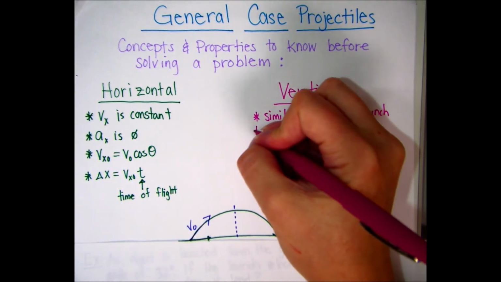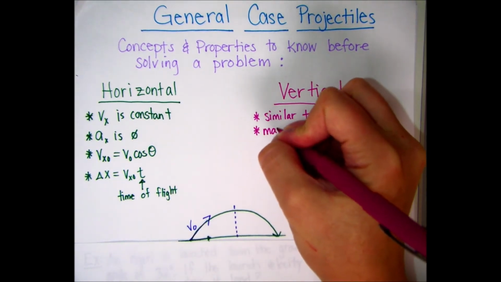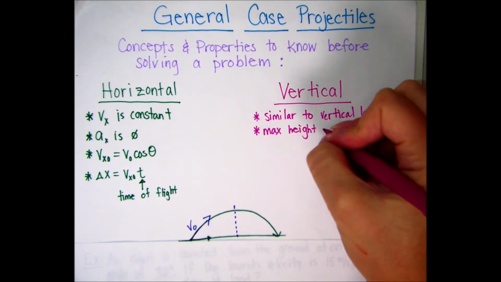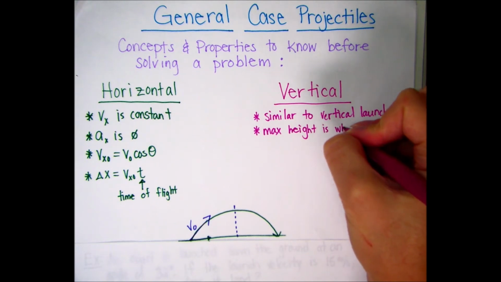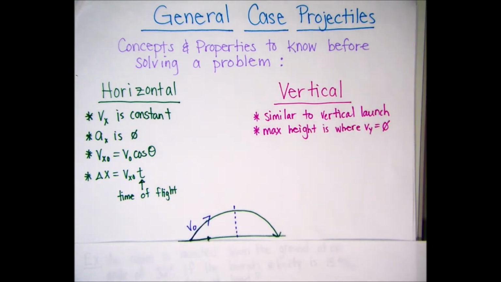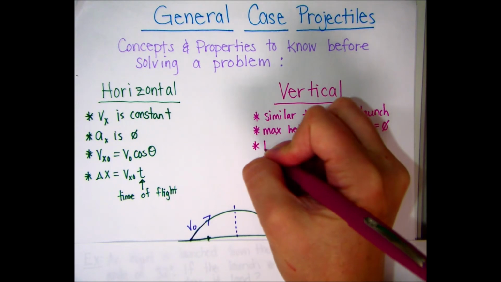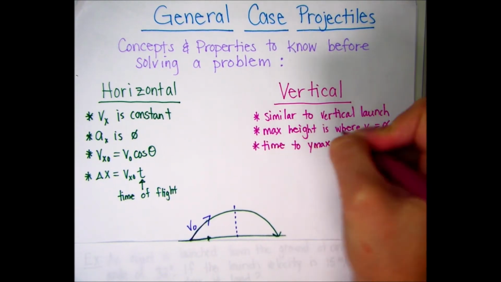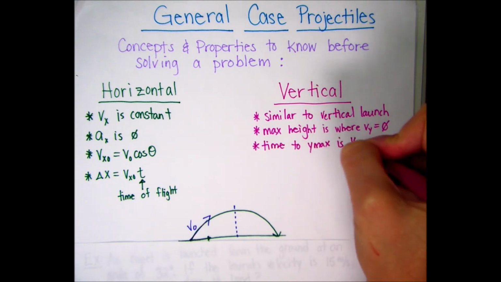So your max height is where the object stops. That's what it means when Vy is 0. The velocity in the vertical direction at the maximum height is 0. The time to get to Ymax is half the total time.